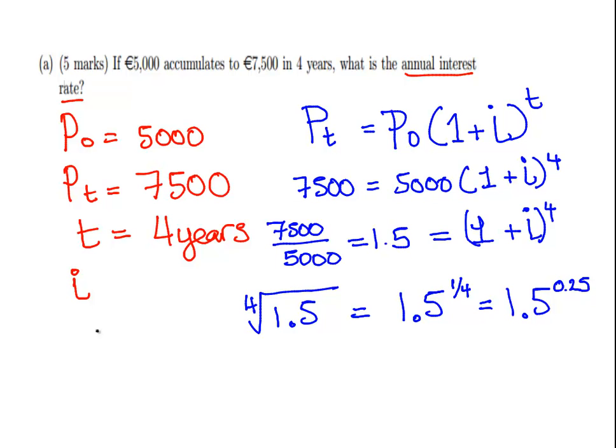The relevant button on your calculator for that is x to the power of y. You type in 1.5, then press this button, then type in 0.25.